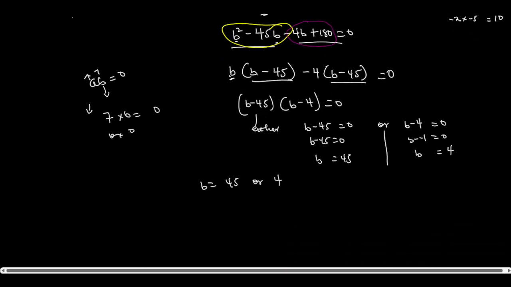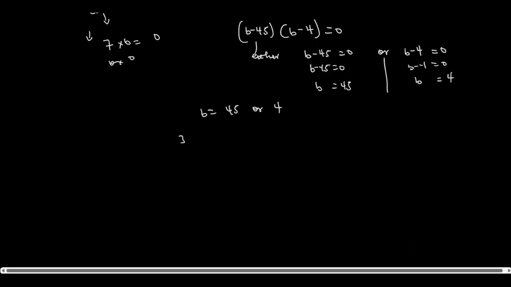So now, we've gotten two values for b. We are saying b is either 45 or 4. So if b is equal to 45, what will happen to a? A will be equal to 180 over 45, giving us 4.